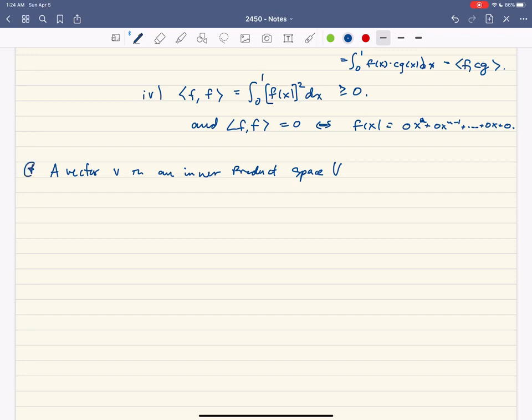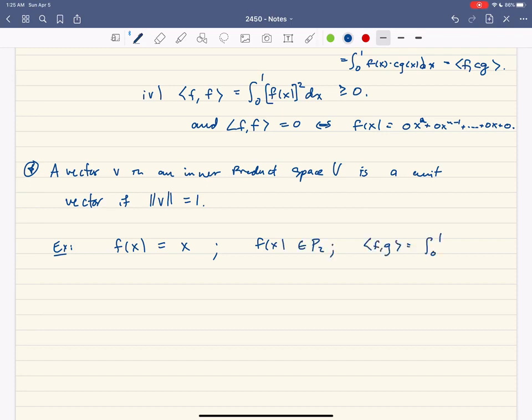So a vector in this inner product space V is going to be called a unit vector if the magnitude of V is 1. So for example, if I were to take f of x equals, just make this really easy, say x, where I'm thinking of f as being in, say, P2, where P2 has the inner product that we described above, the integral from 0 to 1 of f times g.